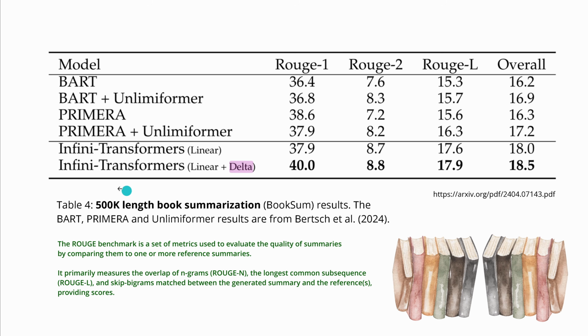I would have thought that the Infini-transformer, especially with the delta rule, would perform much better than the other systems. But okay, we have to accept the results that there are. So as you can see, depending on what you're looking for, yes, they are better, but honestly, I would have expected a more significant jump in the performance compared to our classical system.